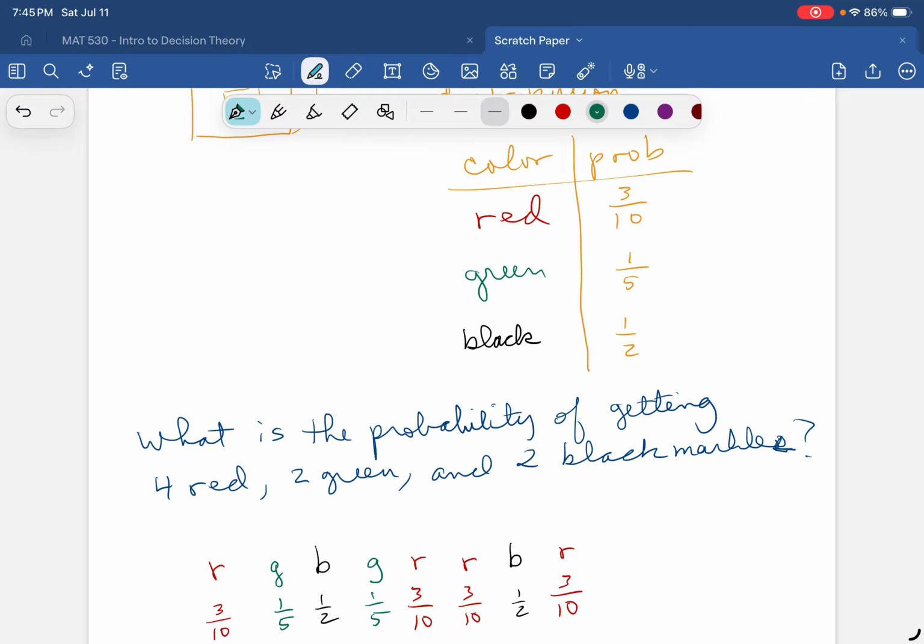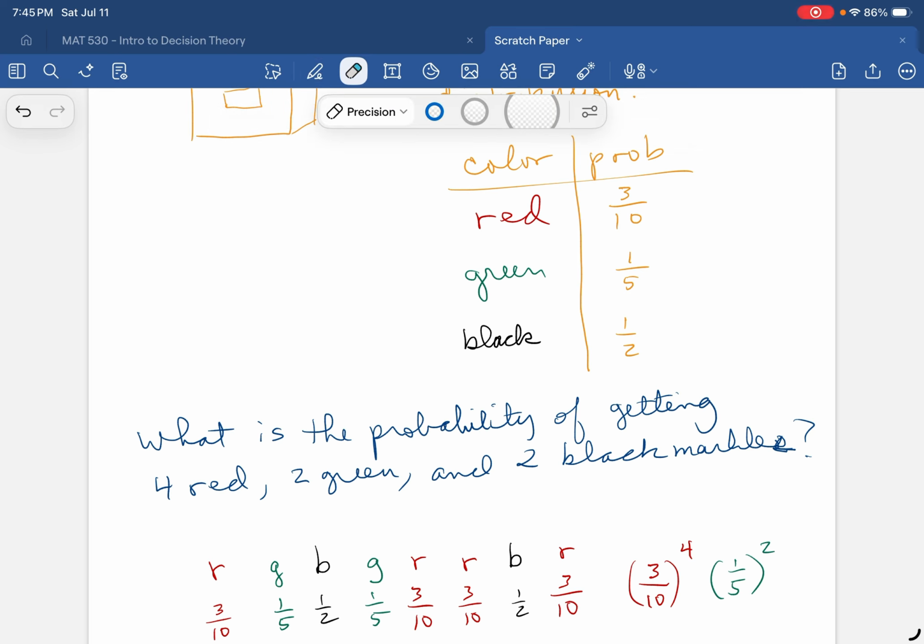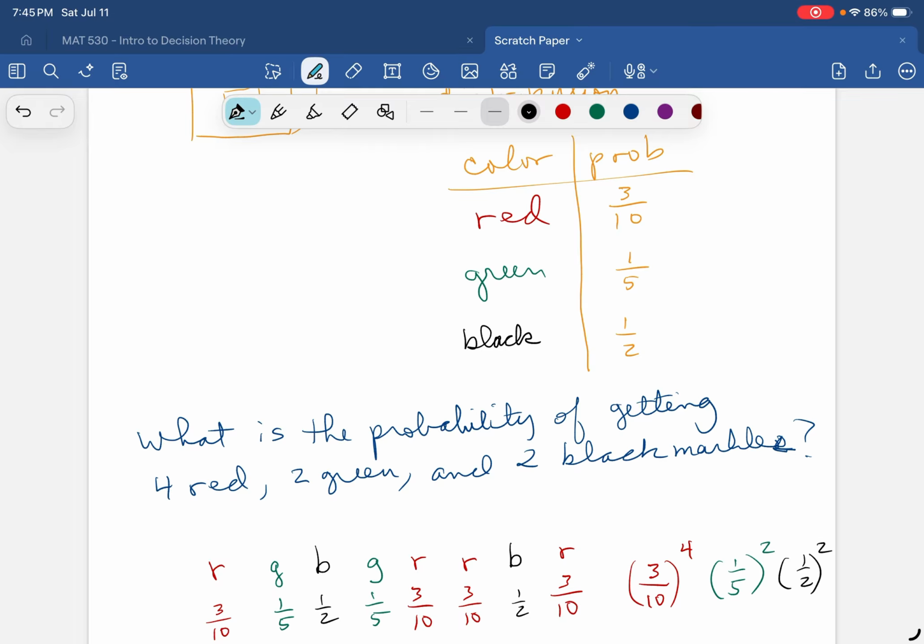And so the probability that we would have gotten this exact outcome is 3/10 to the 4th power times 1/5 to the 2nd power, and then times 1/2 to the 2nd power.